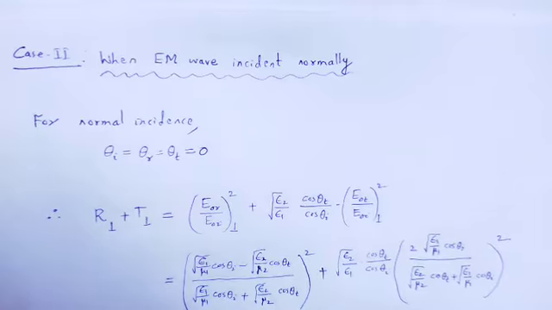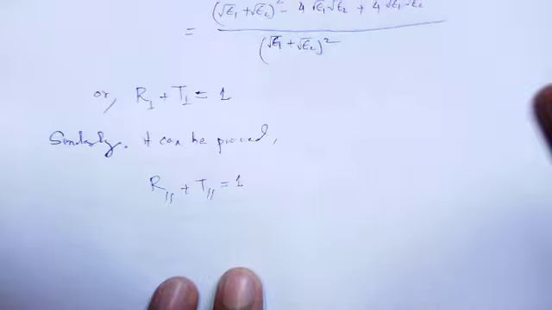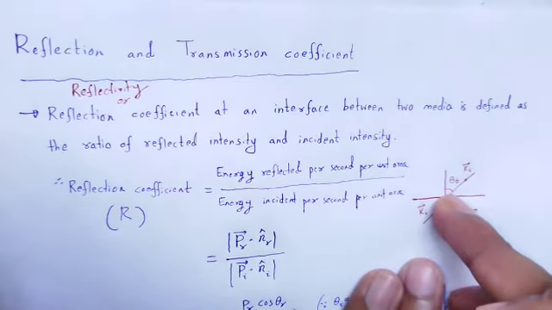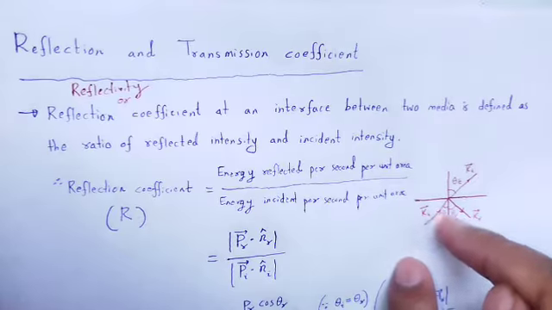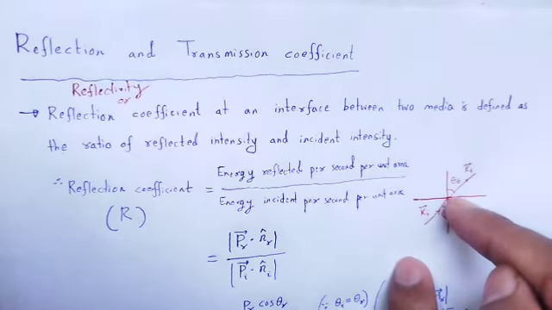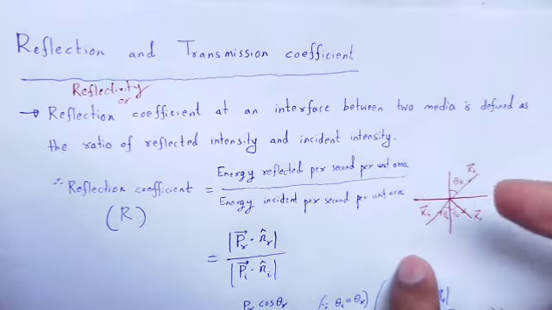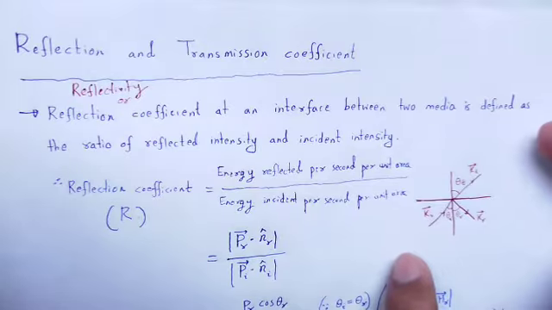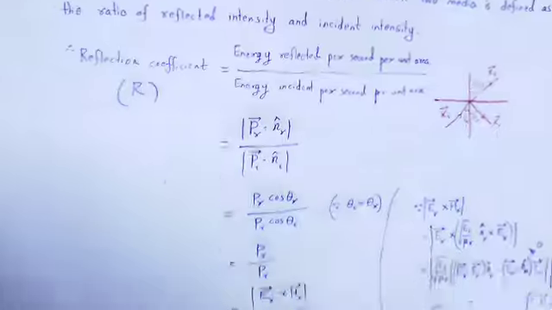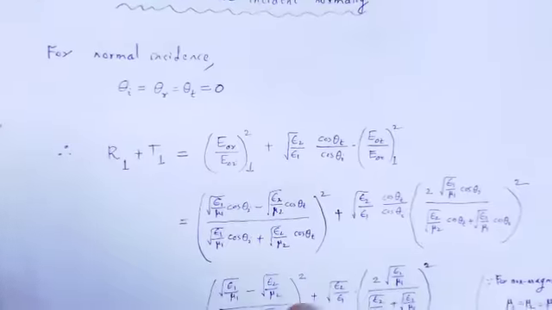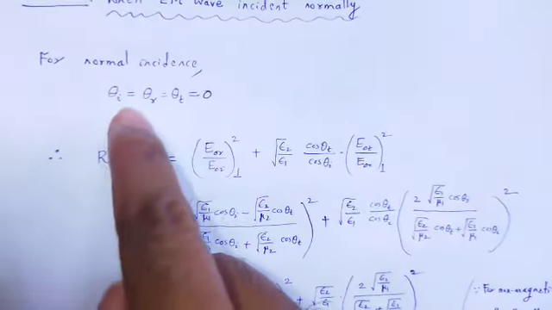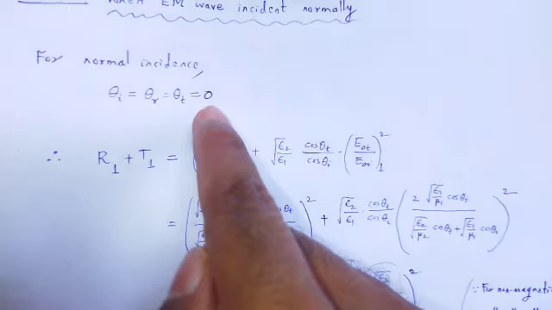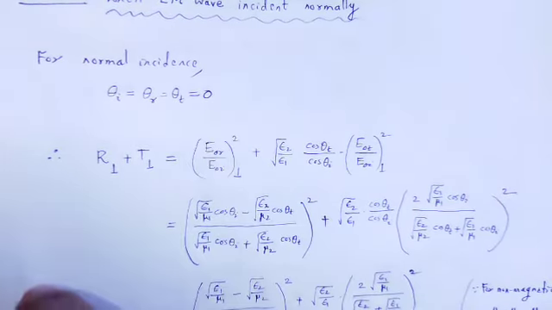Look at the figure: when the wave is incident normally, theta I is equal to 0, therefore theta r is 0, and the angle of transmission is also 0. So in the normal incidence condition, the angle of incidence, the angle of reflection and the angle of transmission are all 0.